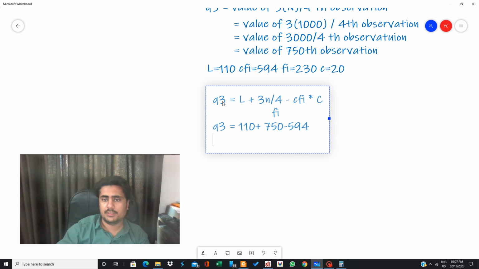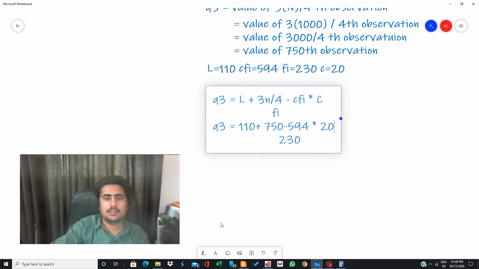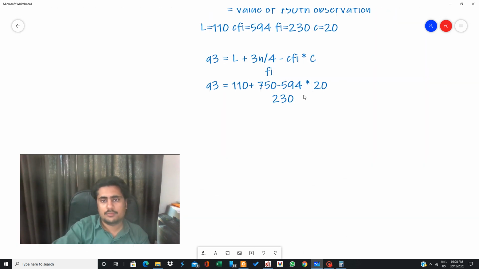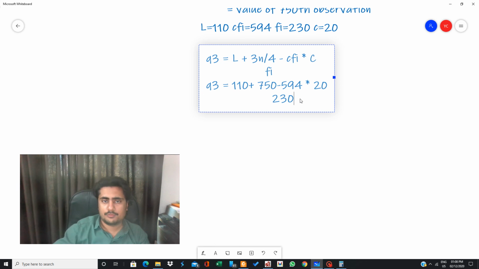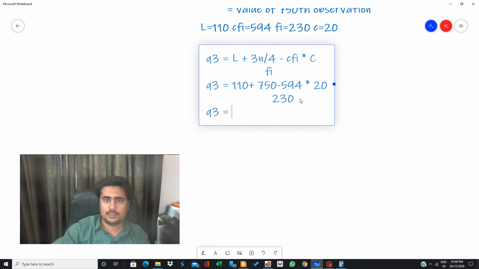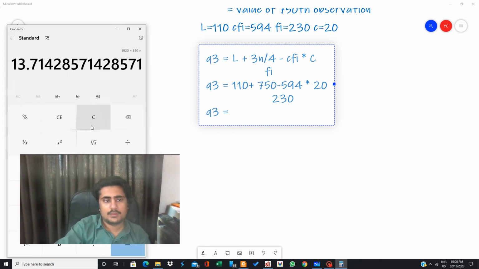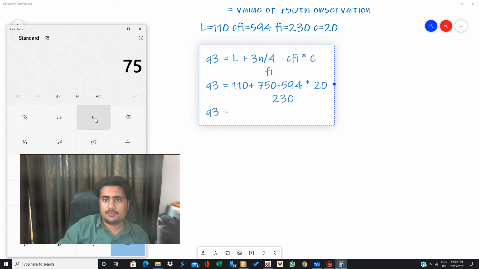It's 594, upon, what is the frequency? It's 230. And your class length is 20. We have written the data from the table given. So my Q3 is 750 minus 594, that is 156.